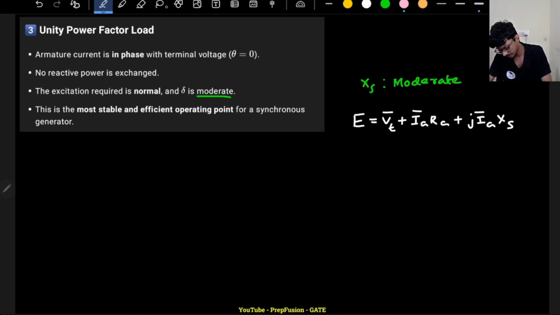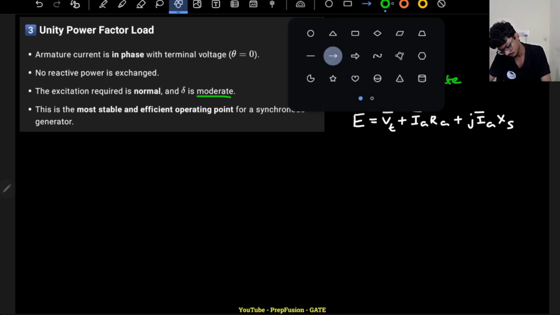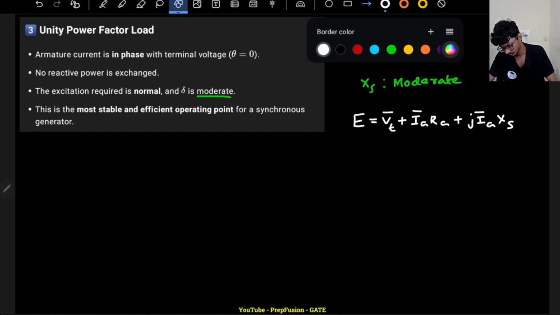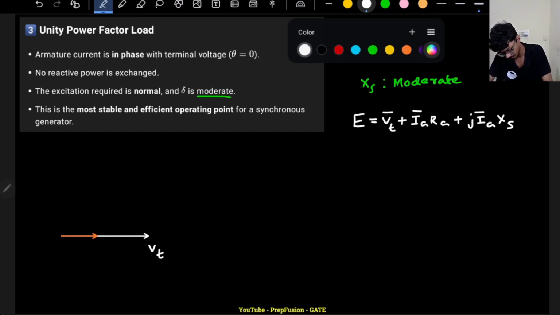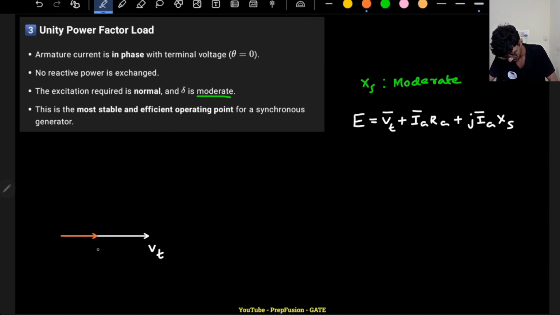Basically this will be my Vt. And my Ia also will be in the same phase, because it is a unity power factor load. Now what will the drops be?